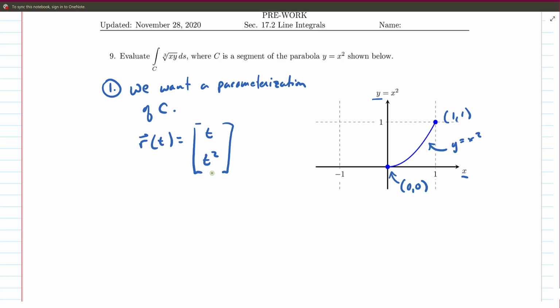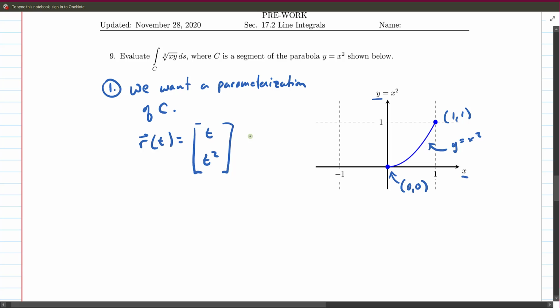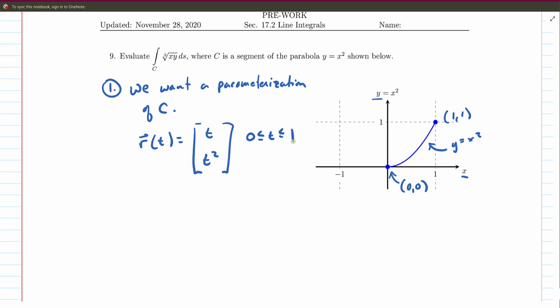Of course, we've already learned, and please do not forget this, it is essential that you remember the domain of this parameterization, and this is going to apply from 0 less than or equal to t less than or equal to 1. One thing I would always stress, especially if you're feeling a little rusty with parameterization, is to always check to make sure you're at least including your endpoints.